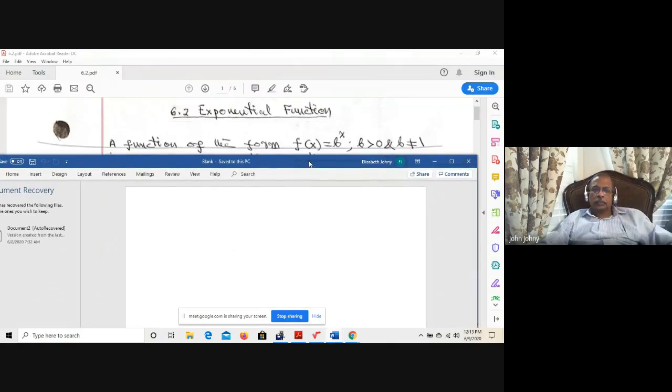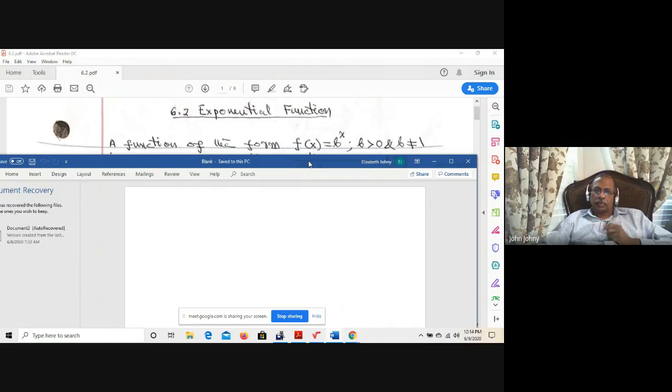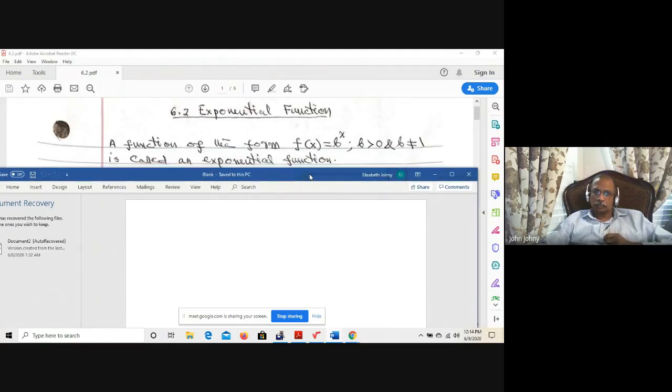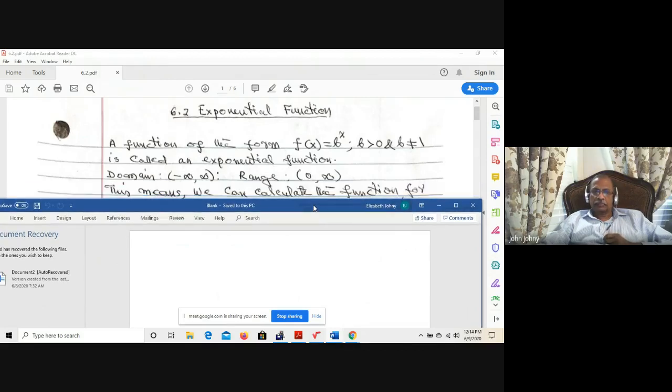A function of the form f(x) = b to the power of x, where b is positive and not equal to 1, is called an exponential function. The domain of the exponential function is all real numbers, that is from negative infinity to infinity, and the range is from 0 to infinity.